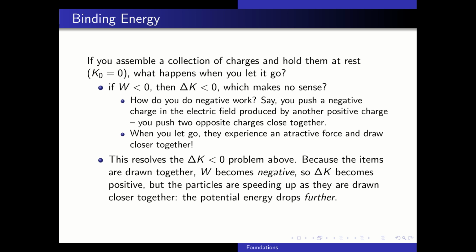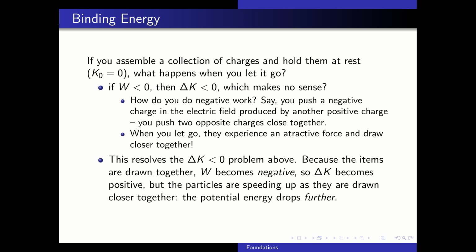Well, what happens here is that when these things are drawn together, the system does work, making the total work done negative. Essentially, what's happening is the potential energy is dropping below 0. That's all right. We're good with that. The potential energy will drop further still. The kinetic energy will increase, but the particles will be drawn closer together.